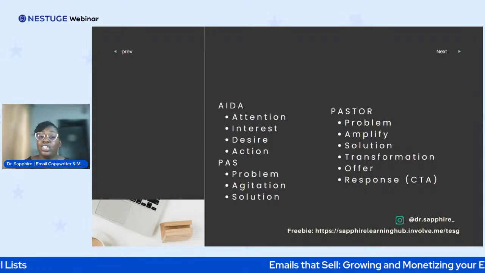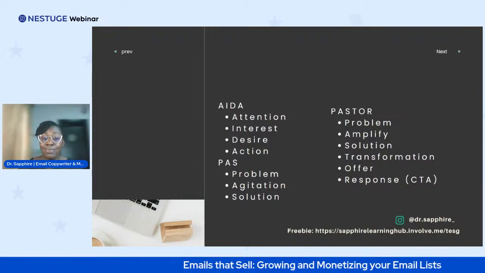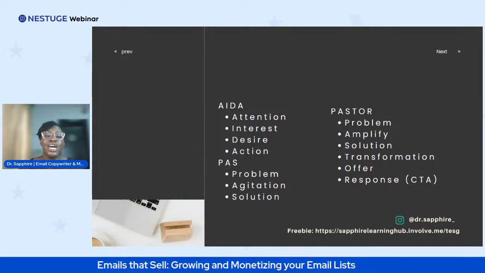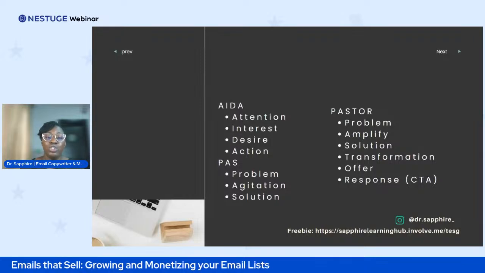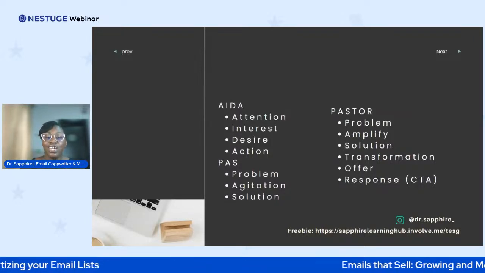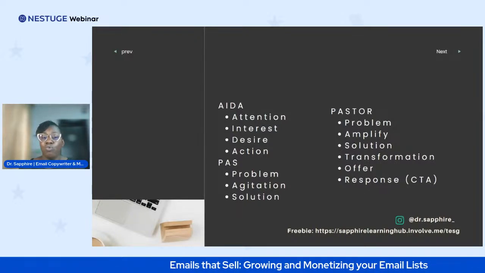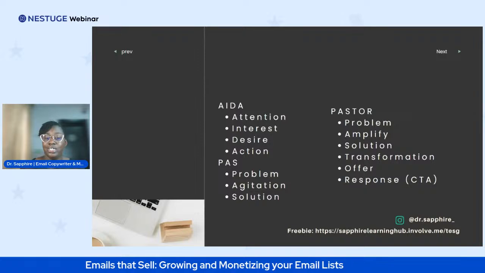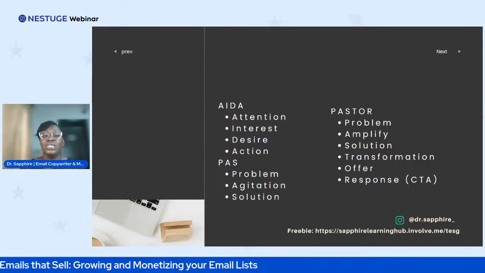Then I begin to agitate it, in the sense that I'm now going to the body of the email where I'm talking deeper about this. Here's why you might be facing these problems. And then I begin to explain each and every one of them. That is the agitation, where I'm digging deeper. And then I'm like, but you don't have to continue like this. And then I bring the solution.